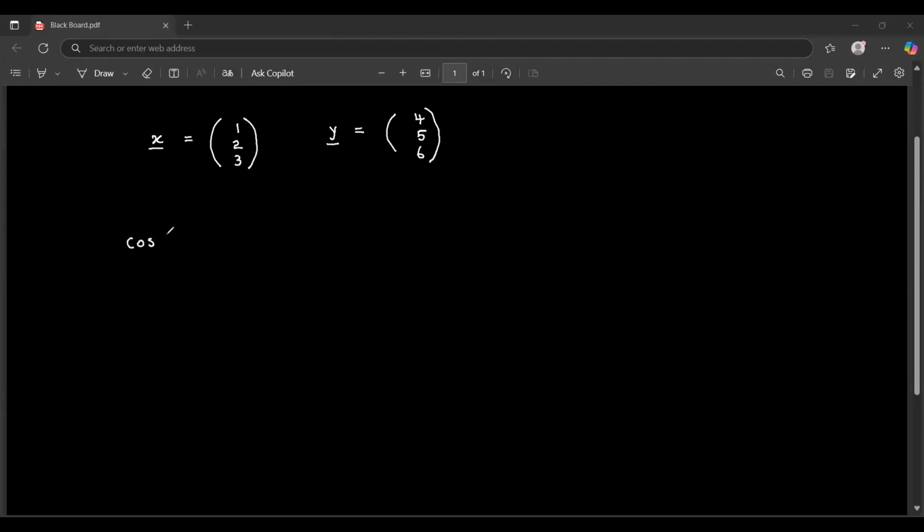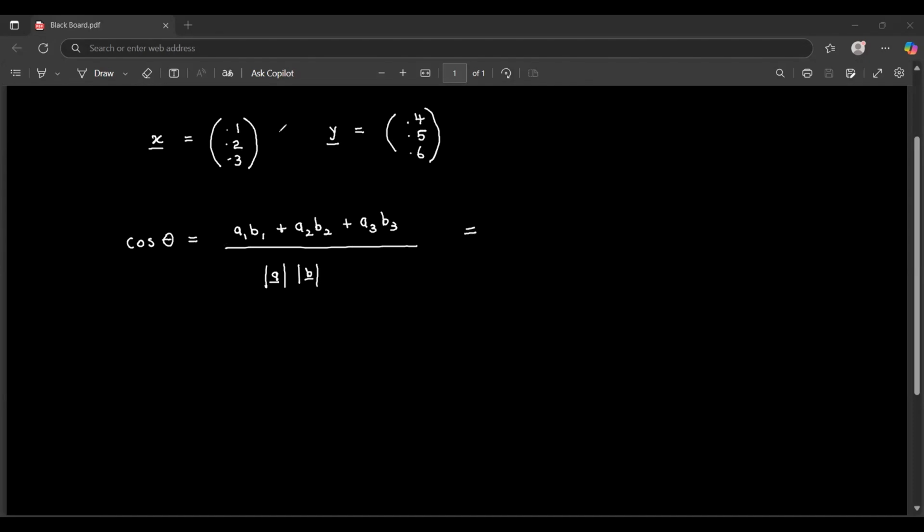Cos theta is equal to A1 B1 plus A2 B2 plus A3 B3 over modulus of A into modulus of B. In this case, we have x1, x2, x3 and y1, y2, y3.